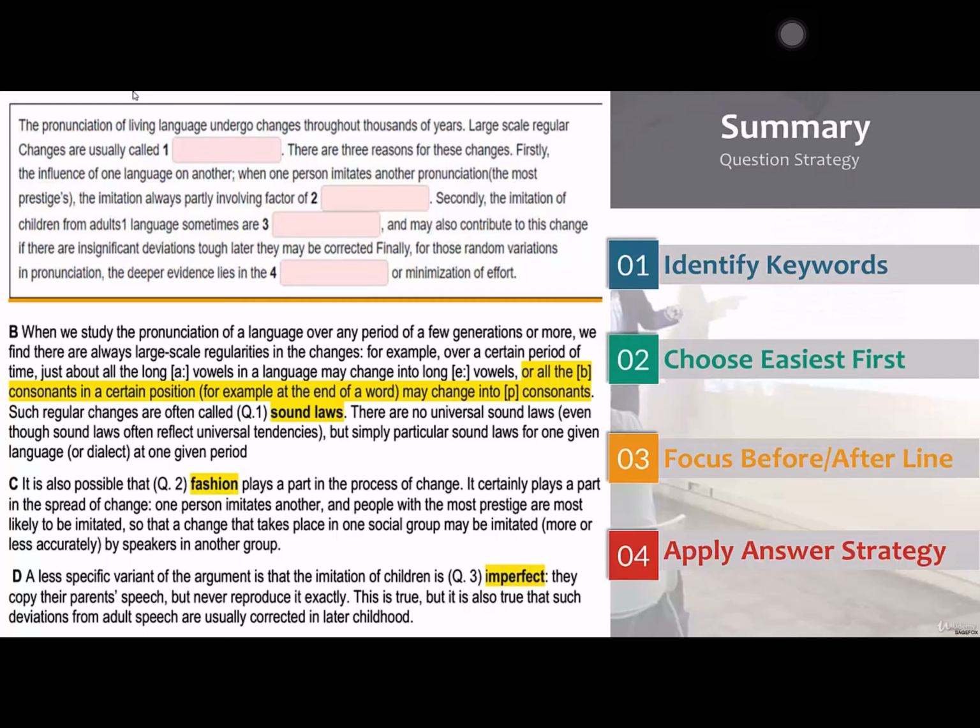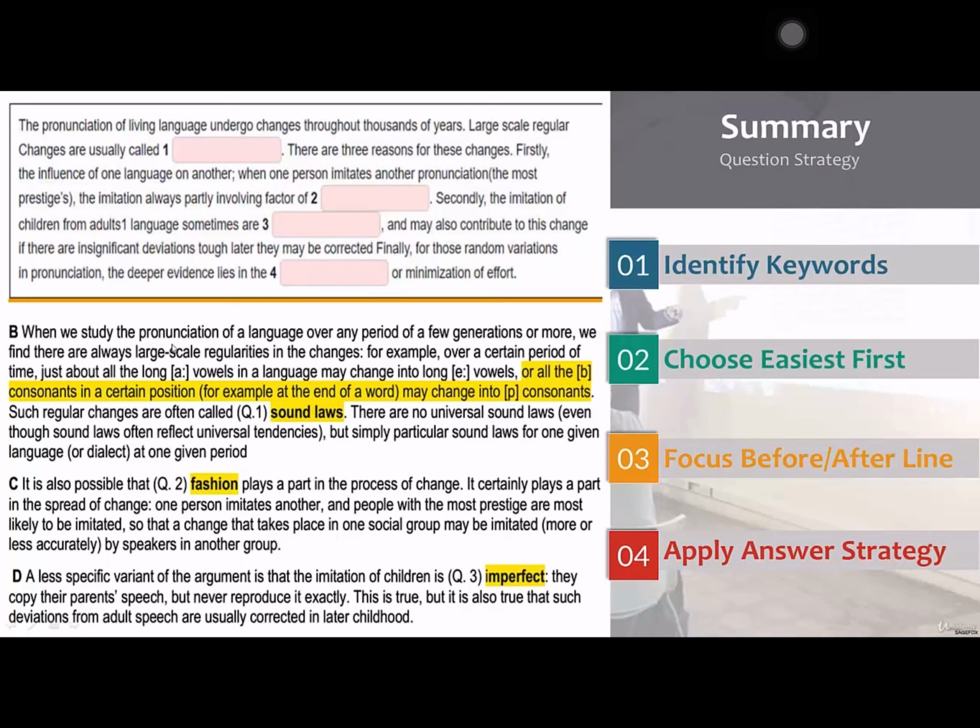Large-scale, regular changes are usually called blank. Now, we can look from the first sentence in paragraph B where my starting point is, because it says when we study pronunciation of a language over any period of a few generations or more, right? That's how we're dealing with thousands of years.